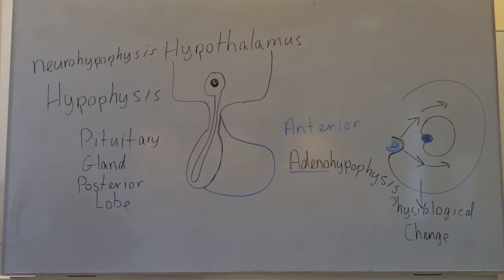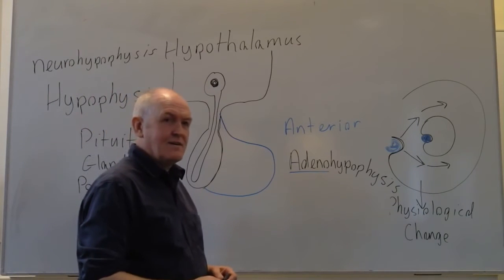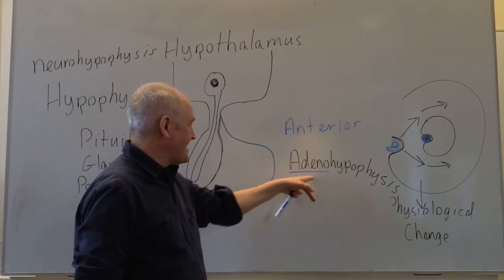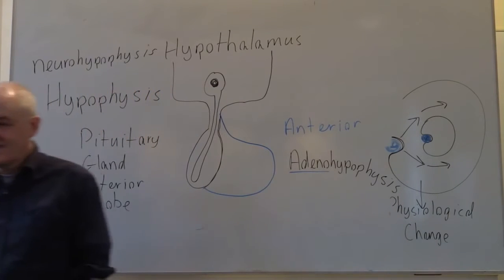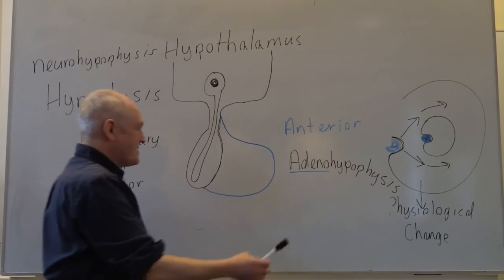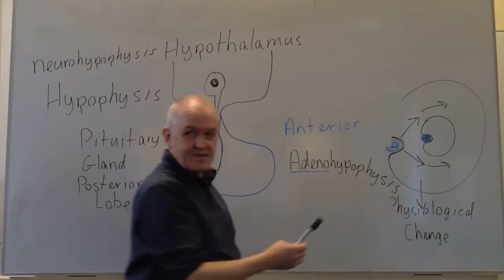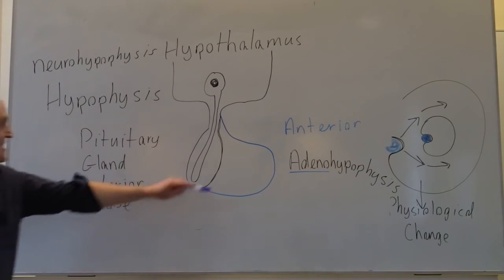Adeno means to do with glandular tissue. So we've got the neurohypophysis at the back and the adenohypophysis at the front.